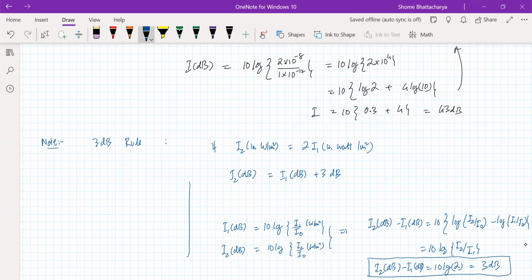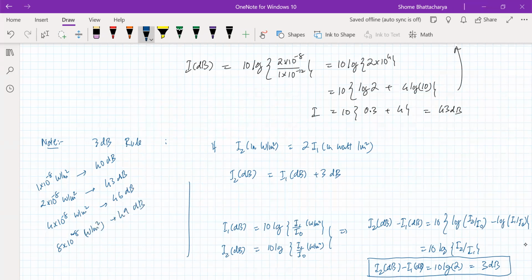Okay, so for example, we had just seen that 2 into 10 raised power minus 8 watt per meter square corresponded to 43 decibels. So this simply means that 1 into 10 raised power minus 8 watt per meter square is 40 decibels, 4 into 10 raised power minus 8 watt per meter square is 46 decibels, and 8 into 10 raised power minus 8 watt per meter square is 49 decibels.